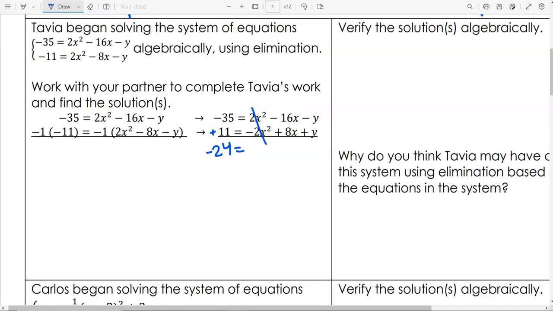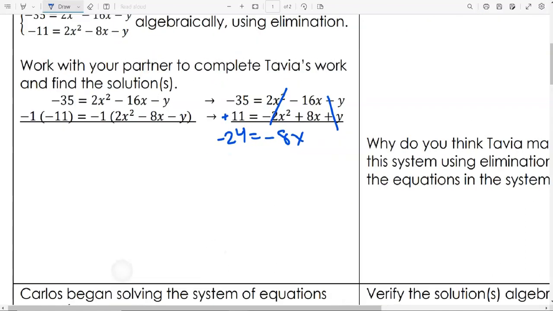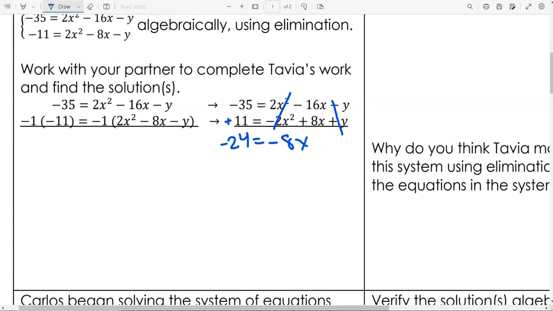What is negative 16x plus 8x? Negative 8x. And what is negative y plus y? 0, those also cancel out. How nice. What should she do next? Divide by negative 8, and we have x equal to 3.